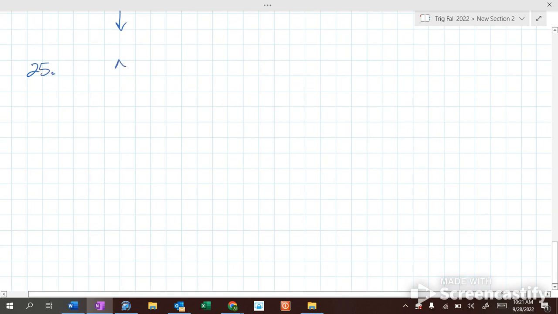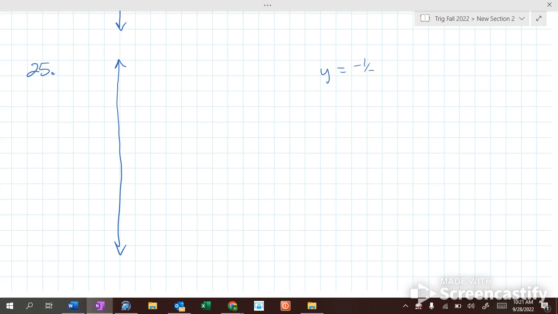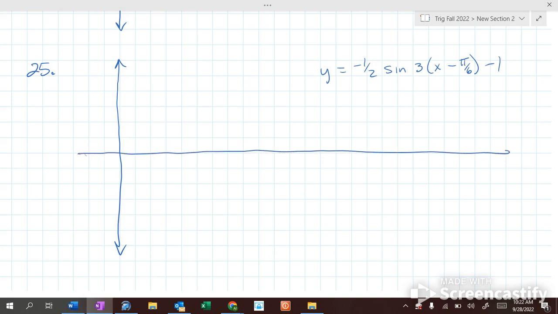What is 25? Eli? Folks? -1 over 2 sine 3x minus pi over 6 minus 1. Plus 1? Minus 1. Like that? Did I write everything right? Okay. So again, pi over 6, and then now there's a 3 involved. I could go 12 like I did last time, or I could just go 3 to get to pi over 2.